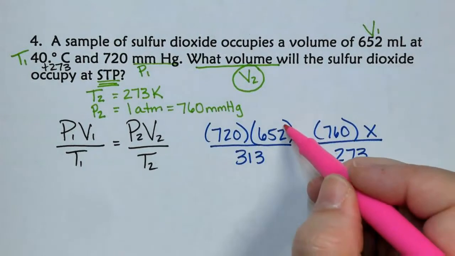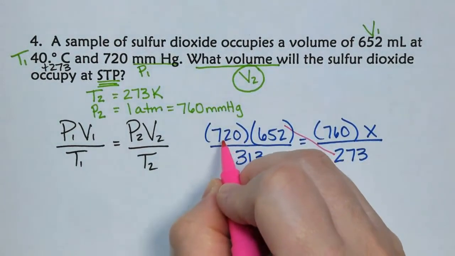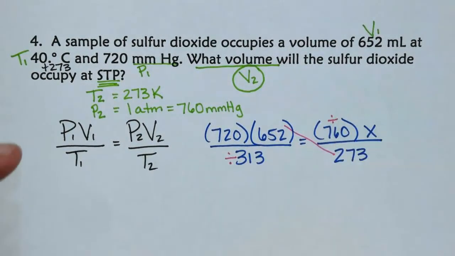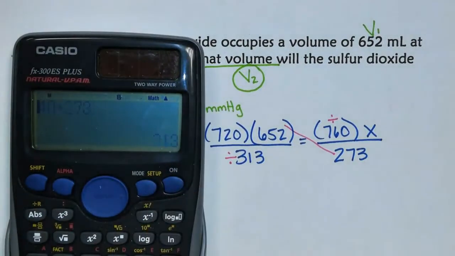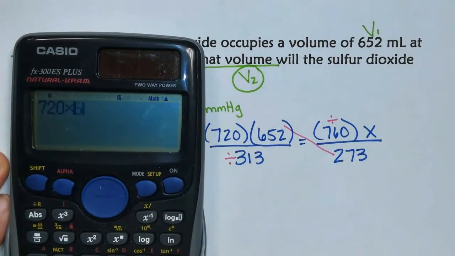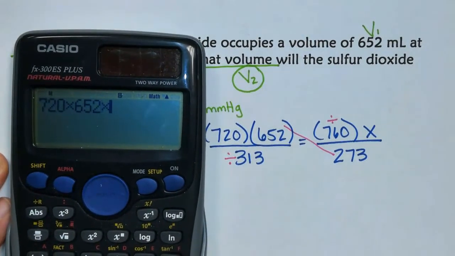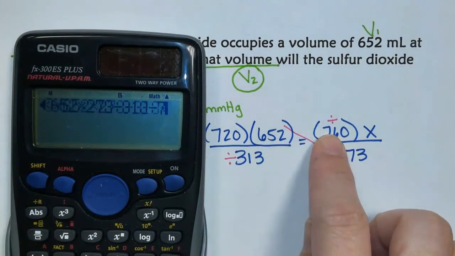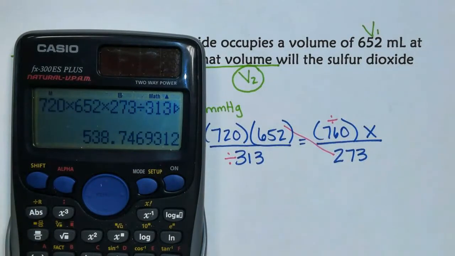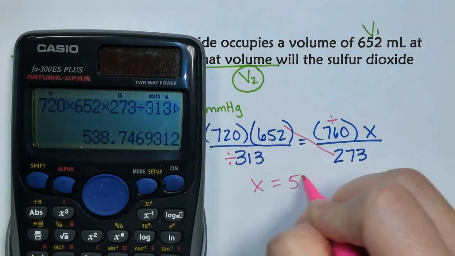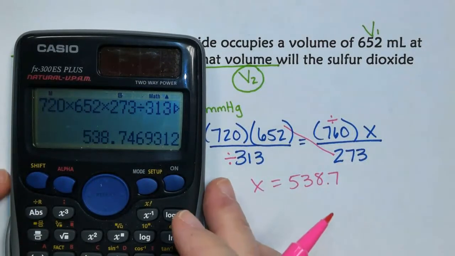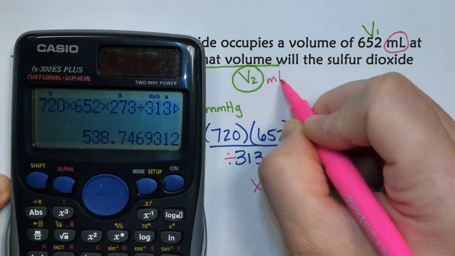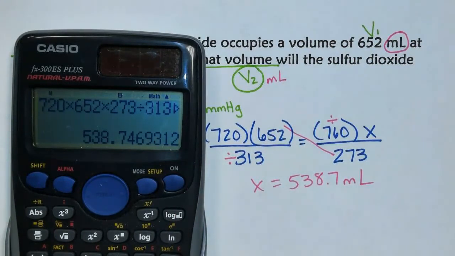We're going to start our cross here. It'll be 720 times 652 times 273 divided by 313 divided by 760, and we get 538.7. And then the units are going to be whatever V1's unit is, which is milliliter, is going to be V2's unit. So this answer is in milliliters.